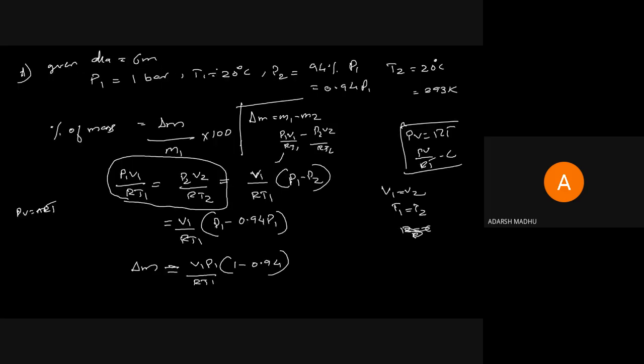Therefore percentage of mass equal to delta M by M equal to P1 V1 by RT1 into 1 minus 0.94 divided by P1 V1 by RT1. Right? This term gets cancelled.